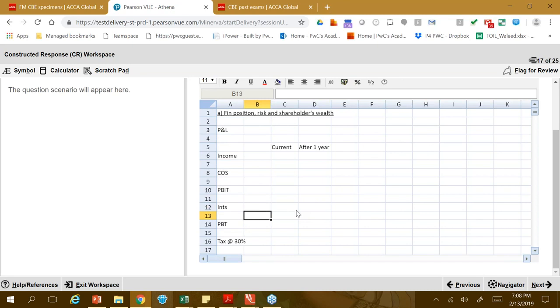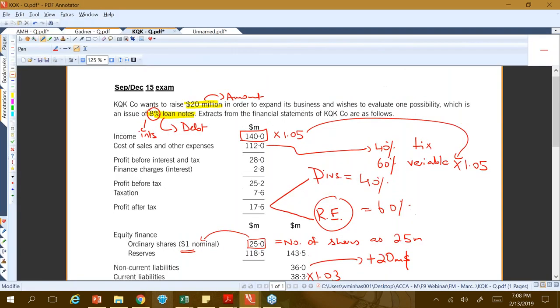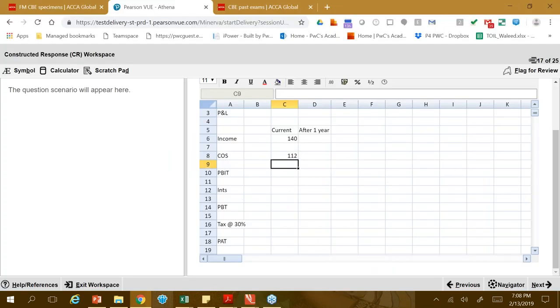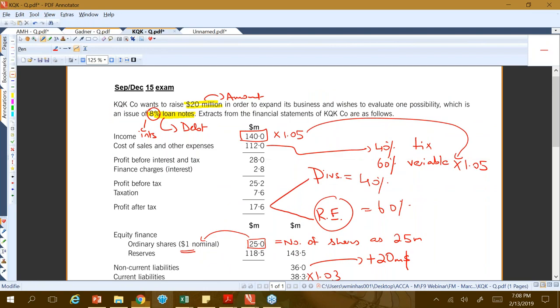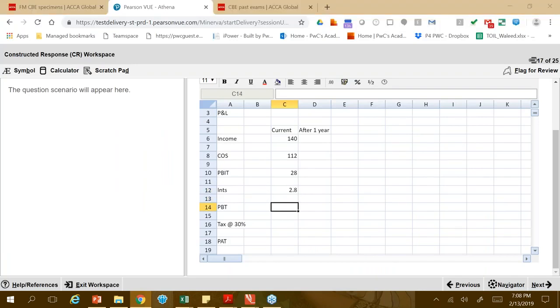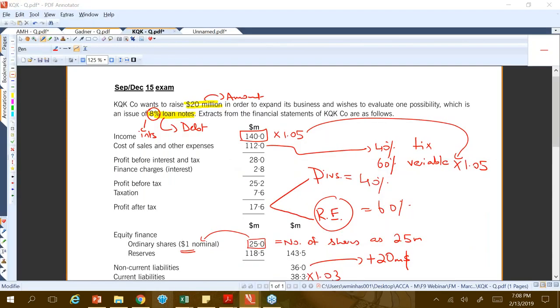I've done nothing differently. I've taken the structure from what was given in the question. I'm going to fill in the current values. So income is 140. Cost of sales is 112. Profit before interest and tax is 28. Interest is 2.8. Profit before tax is 25.2. Tax is 7.6.